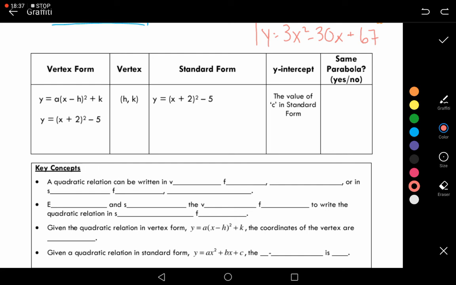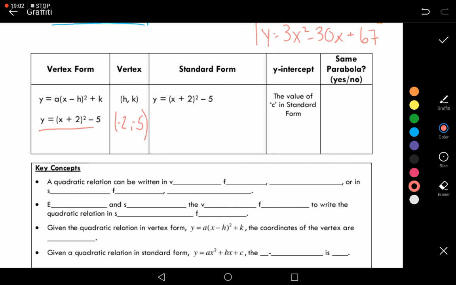We are filling in the blanks. So the first blank is determining the vertex of this other relation that we're given, right? So the vertex we know is (h, k). So again, when we pull that out, the sign changes for the h and it stays the same for the k.